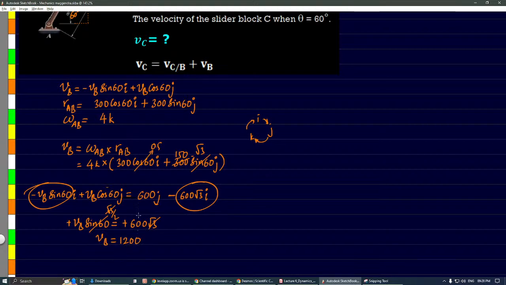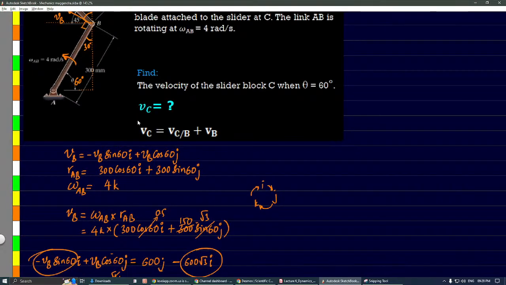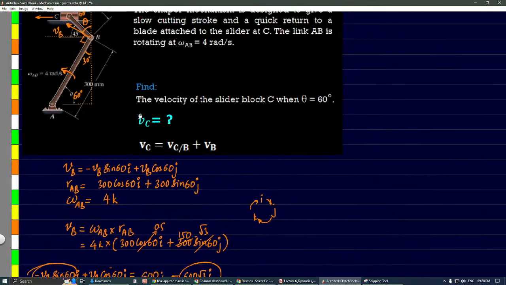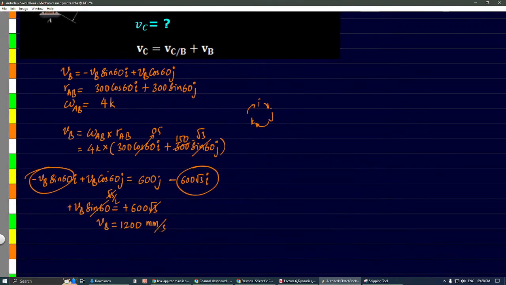And what will be the unit? It is mm per second. If you want to convert this to meter per second, you have to divide it by 1000.